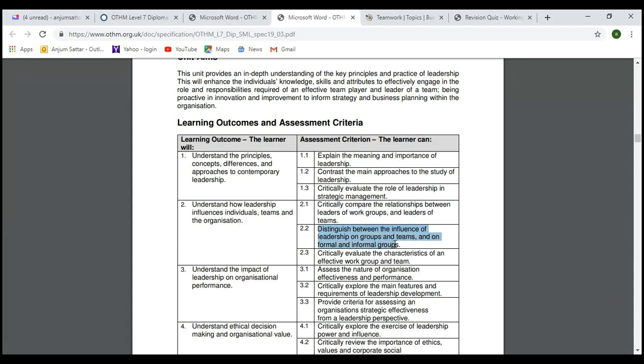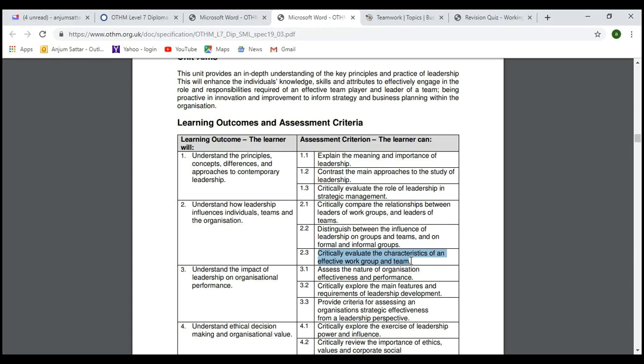Second, we discussed the influence of leadership on group and team. We discussed how we can make a team and how the leader can impact on a group or team, and team building in different models. We critically evaluated the characteristics of effective work groups and teams, what qualities are needed in a good team, and how we can evaluate through turnover, performance and productivity of a team or team members.